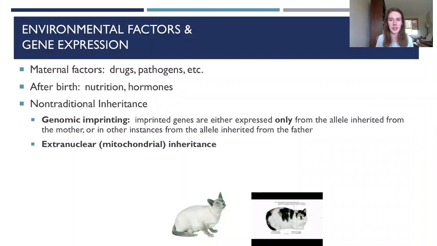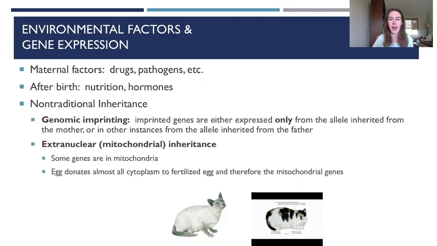Extranuclear inheritance is mitochondrial DNA. So not only do you have DNA in the nucleus of your cells, you also have mitochondria that probably evolved themselves from some sort of prokaryote and just happened to get into animal cells a long time ago. And we just kept them there because they're good at making energy. They have their own DNA, not very much of it. They only have a few genes, but you can actually have diseases or traits that are tied to your mitochondria.